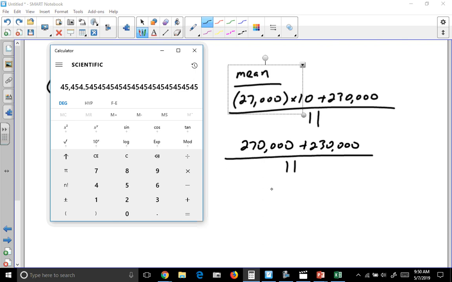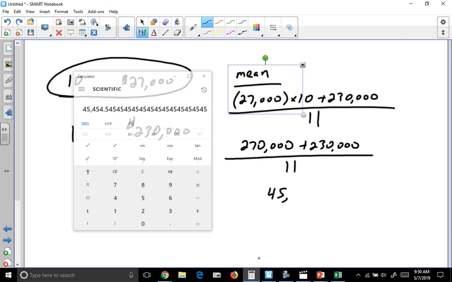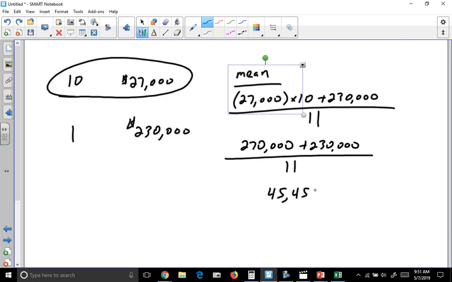then he might advertise that the average salary for his company is $45,450, and he might round up to $45,455.